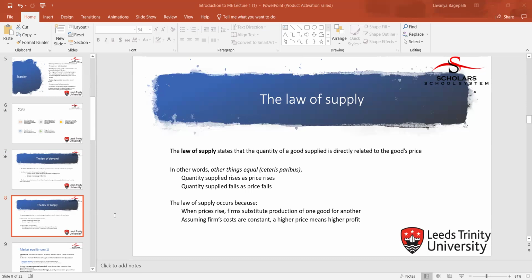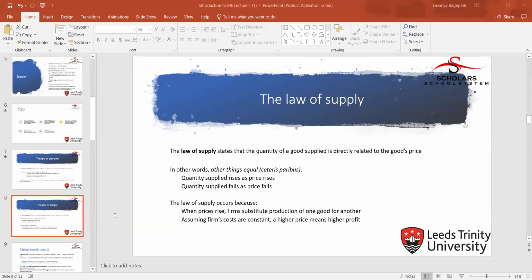Let us just get an example. If the price of wheat increases, farmers may decide to plant more wheat crops to take advantage of the higher prices, right? Conversely, if the price of smartphones decreases, then manufacturers might reduce production to avoid losses.